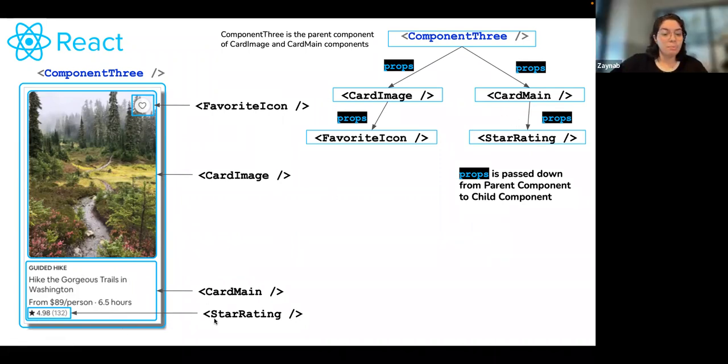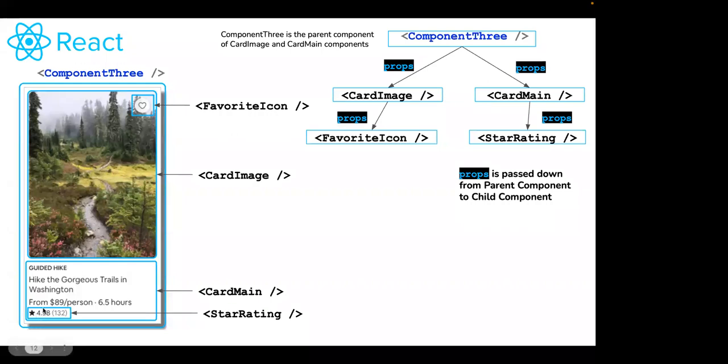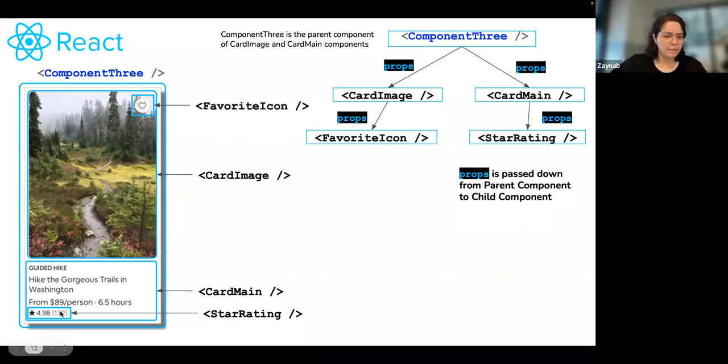Inside the component star rating, it might have the actual rating as its state. And I believe this is the count of how many people rated. Those could be state or prop. It depends on where the data is coming from, whether you're sending it from the top component, or calculating it inside the actual component itself.